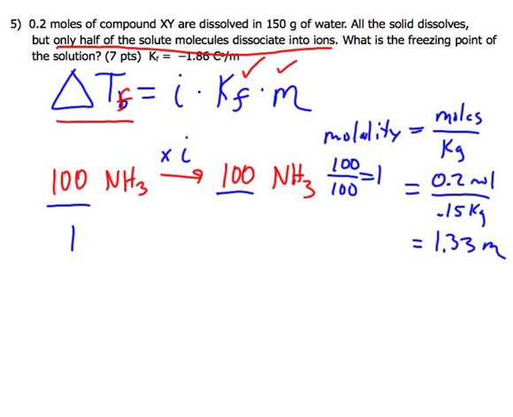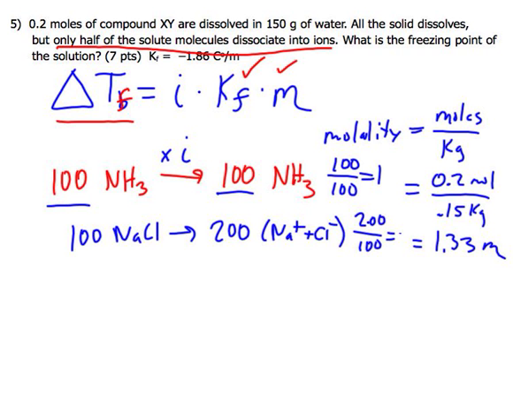For example, if you had 100 NaCl's, that's going to break apart. It's going to make a total of 200 particles, because it's going to have Na plus and Cl minus. So the Van't Hoff factor is 200 out of 100, or 2. And I'm picking 100 just because it's an easy number to work with. I really could pick anything.